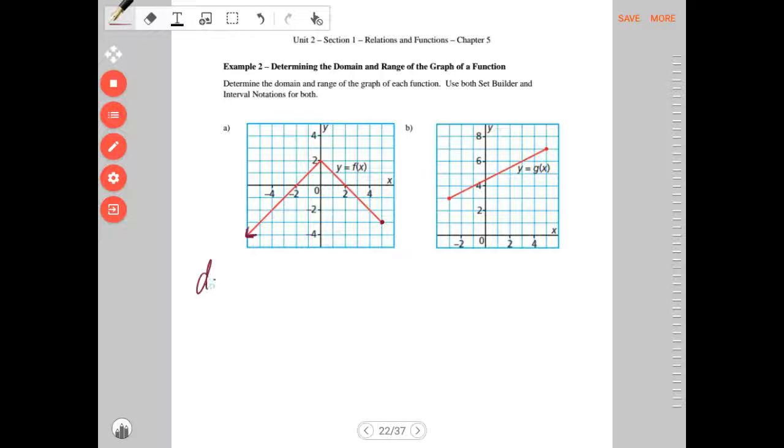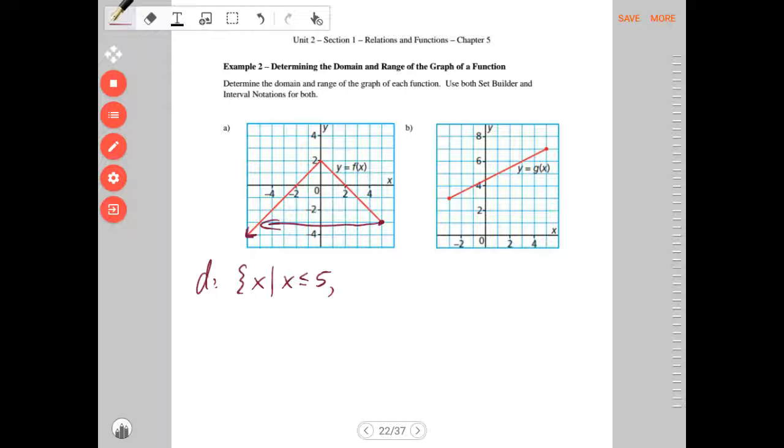Now, the domain, and I said we could abbreviate that with a D. So the domain, swirly brackets, x such that. The x's here go all the way down to negative infinity. We start at positive 5 and go all the way that way. We'll touch all those x's. So x is less than or equal to positive 5.